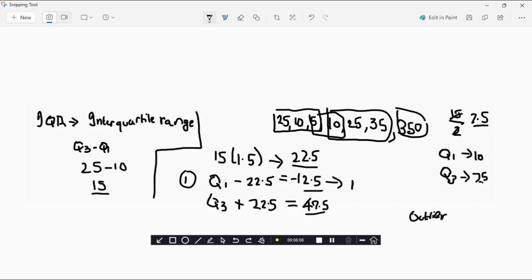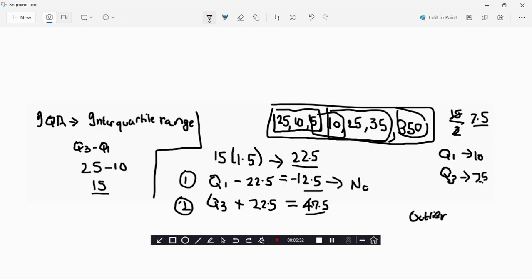So this is a no. Second step, you will check whether any one of the values that you have is more than 47 and a half. Now, 35 is less than 47 and a half. However, 350 is more than 47 and a half.